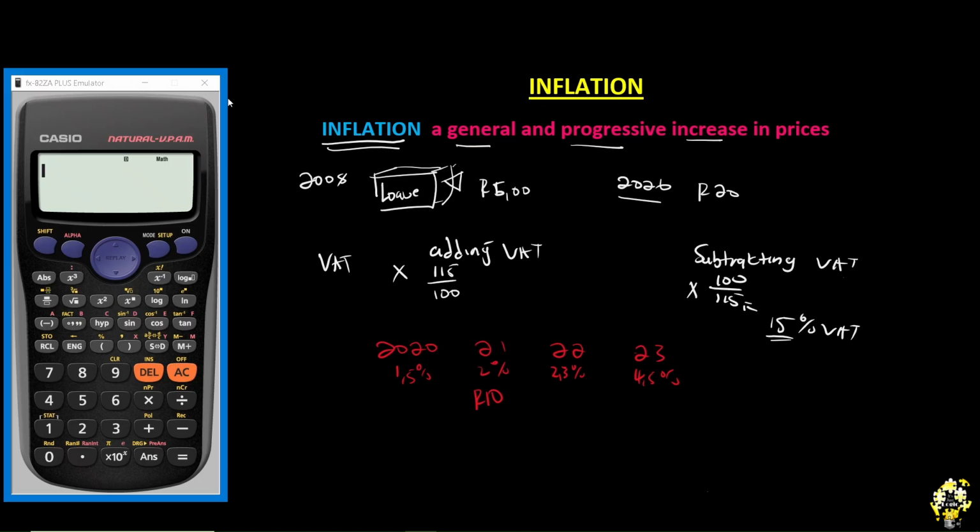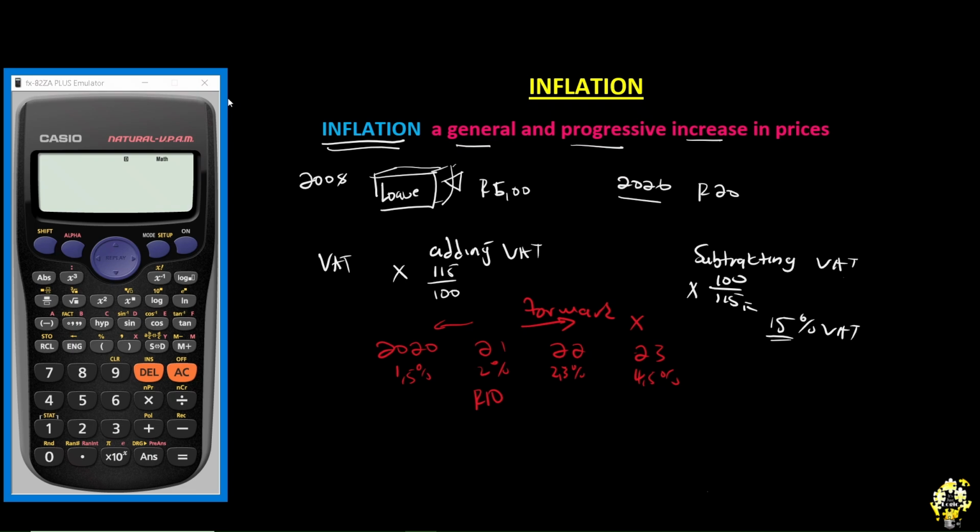So now if the question comes, here's the first thing, and this is the most important thing. You should always ask yourself, where are we going? When I say where are we going, the price that we are supposed to determine, are we determining a price for a year going forward or a year going backwards? Because this changes everything. If we are going forward, we are going to multiply by that particular percentage.